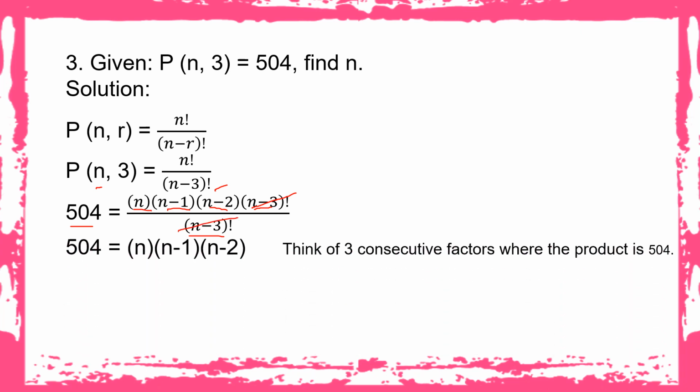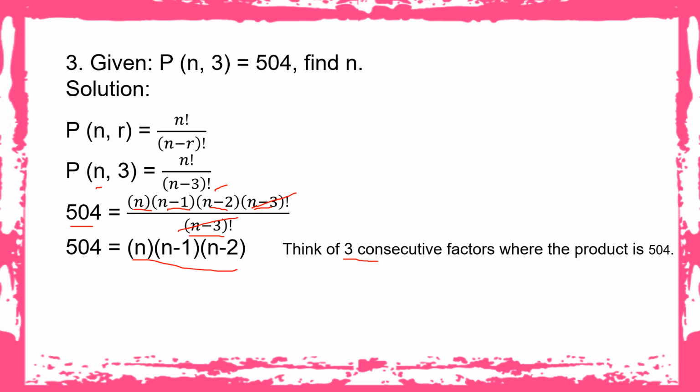We can now have here 504 is equal to n multiplied by n minus 1 multiplied by n minus 2. And we need to think of 3 consecutive factors where the product is 504.